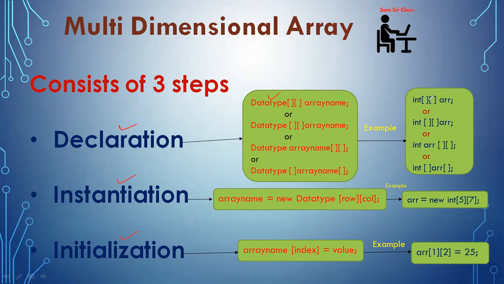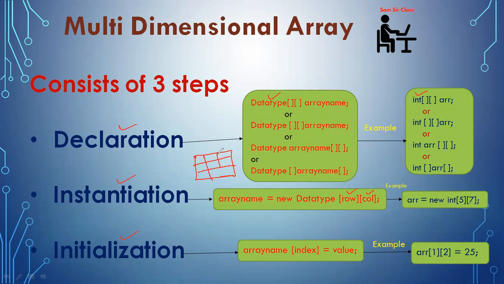Okay, so you can see the example that the data type you are mentioning, and you are providing the empty brackets near the data type or near the variable name as per the choice. Okay, during the instantiation you have to provide the total size of rows and columns, because a multidimensional array mostly can be considered as a collection of rows and columns.